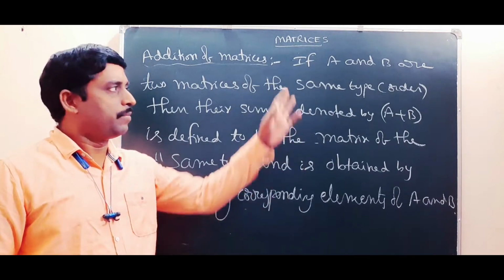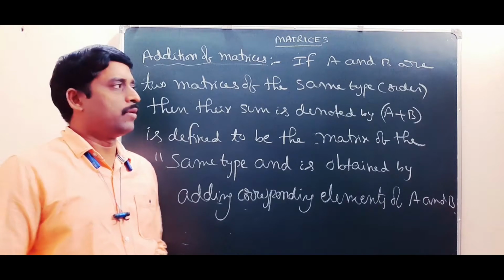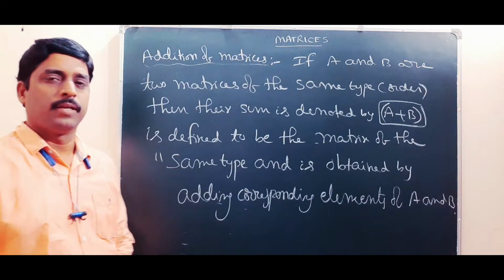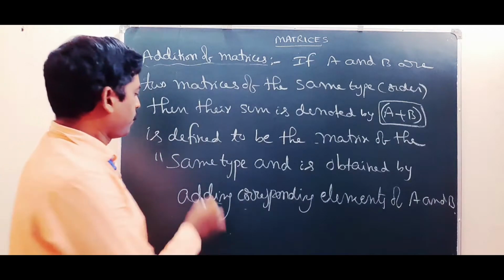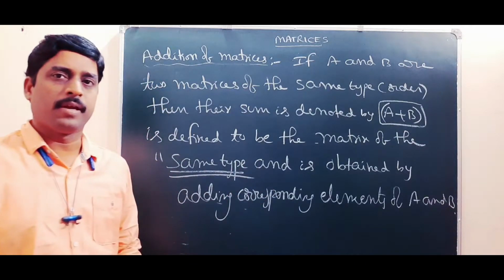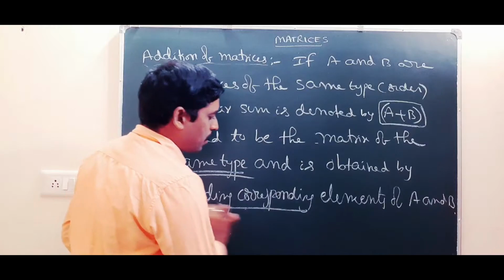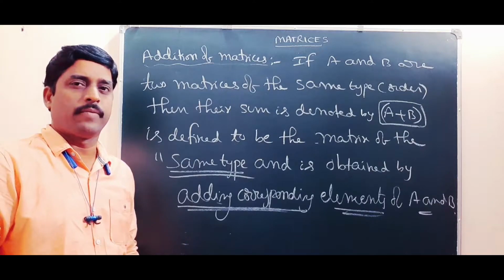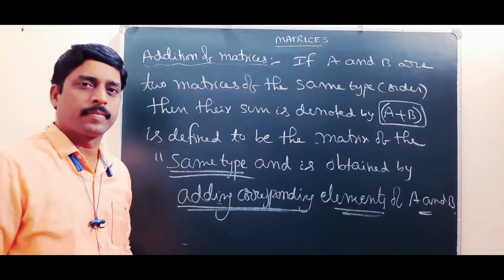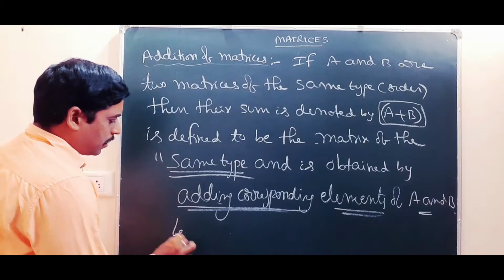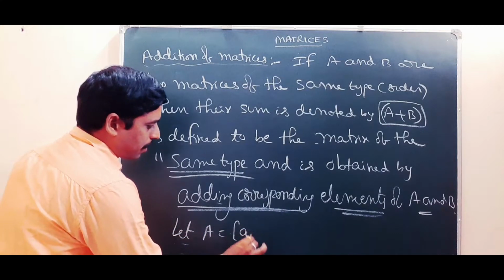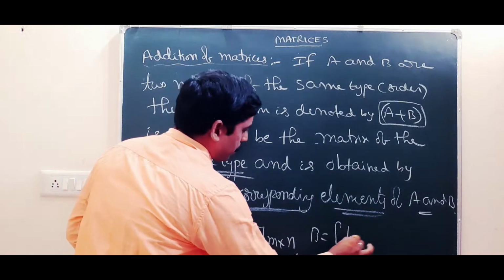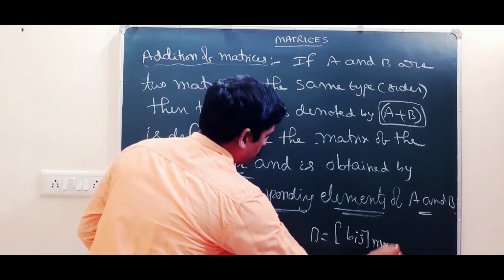If A and B are two matrices, their sum is denoted by A plus B. It is defined to be a matrix of the same type and is obtained by adding corresponding elements of A and B. This is called addition of matrices. Let us take A equal to Aij, an m by n matrix, and B equal to Bij, also of the same order m by n.